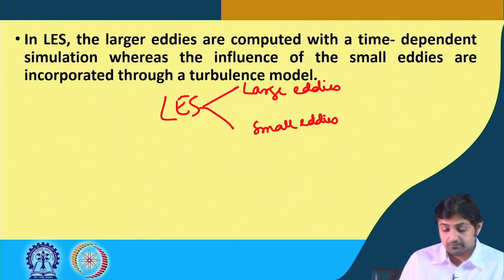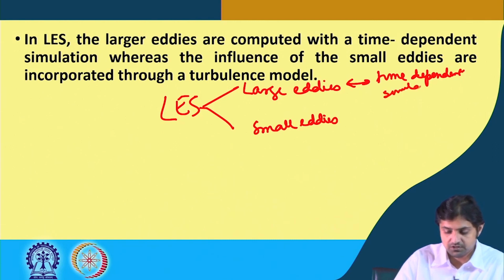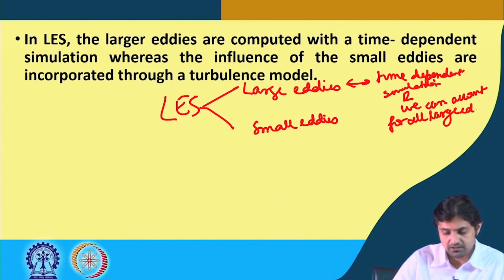The large eddies are solved through time dependent simulation, and we account for everything, for all large eddies. But small eddies are so many that the effect of the small eddies is taken through a turbulence model.